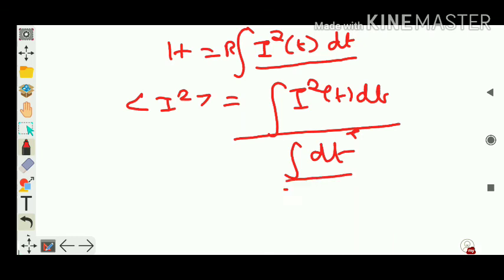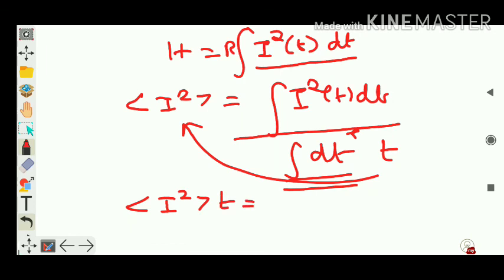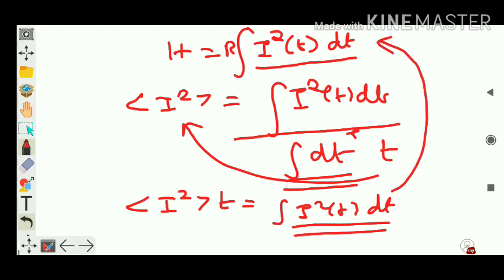The integral of dt is t, so if I bring it here, the average of I squared into t is equal to the integral of I squared of t dt. Now can't I substitute this value here? This is the integral of I squared t dt, and the value of the integral of I squared t dt is the average of I squared into t.